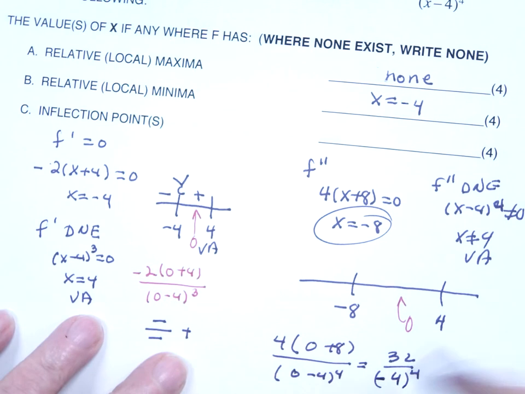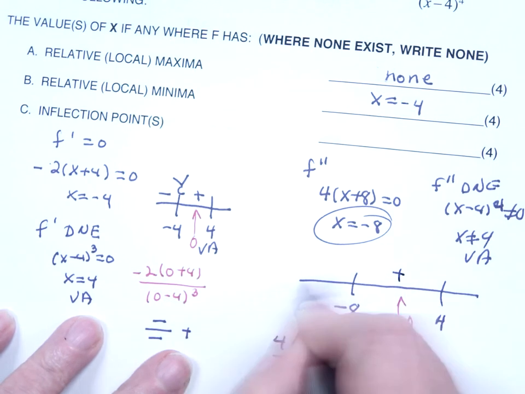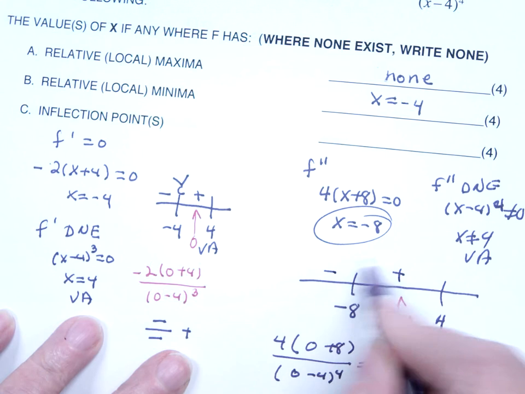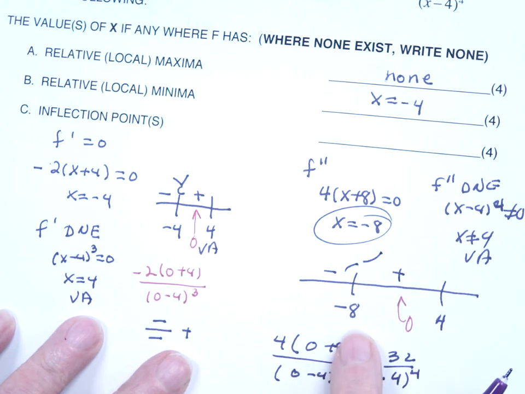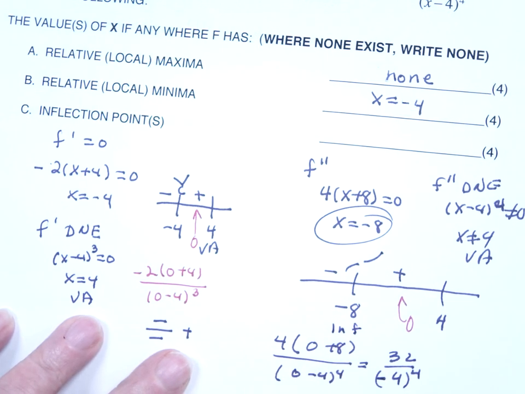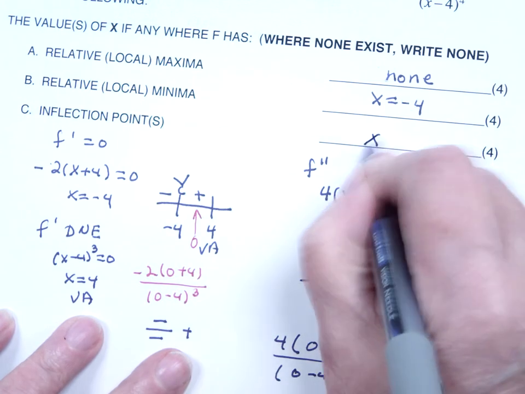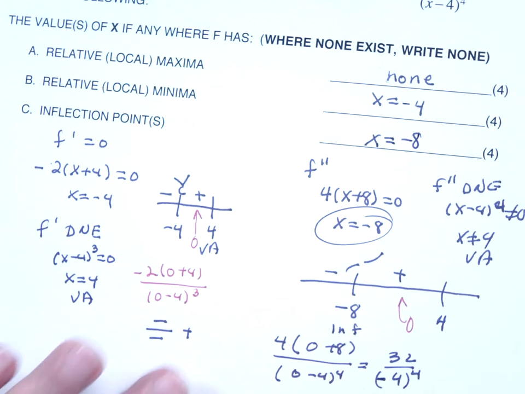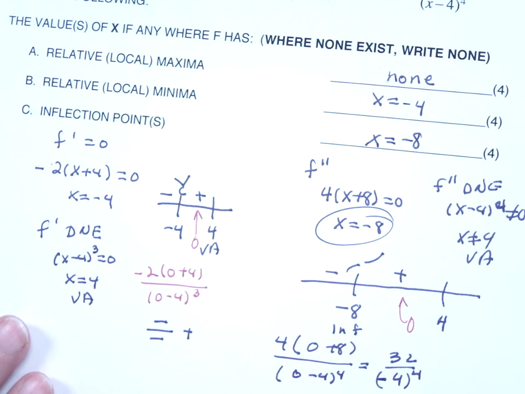So this is positive, this is positive, then change to negative. So this is concave down, concave up. That's an inflection point. That's the only thing it can be. It's multiplicity 1. There's going to be a change across there. Didn't have to graph it.